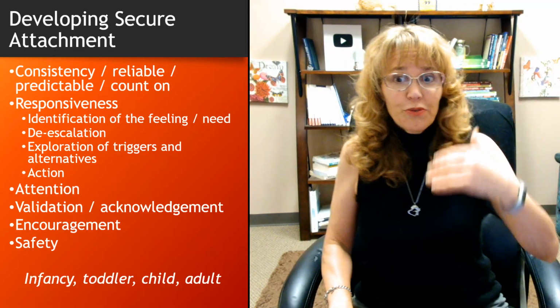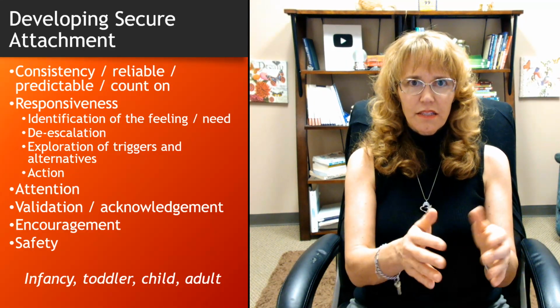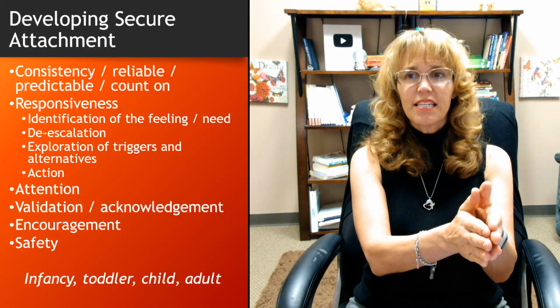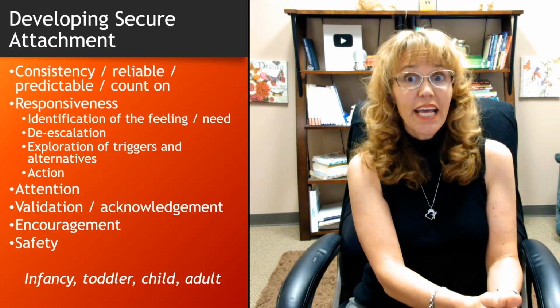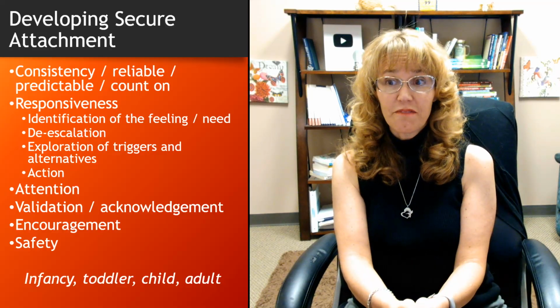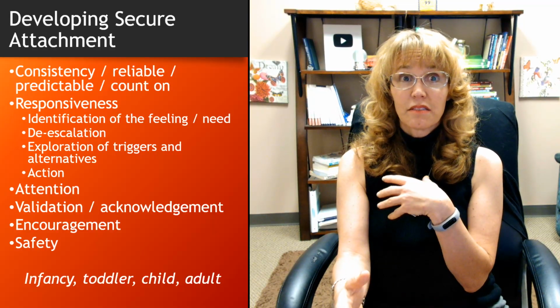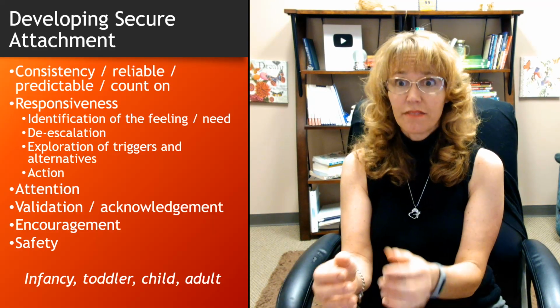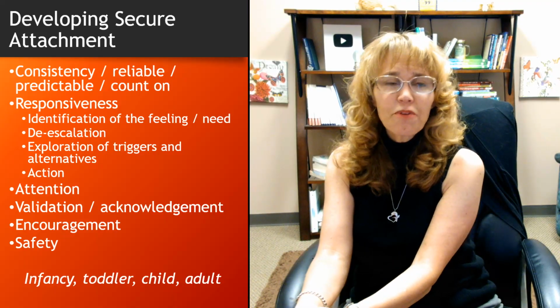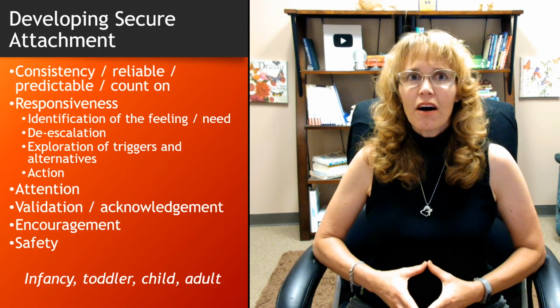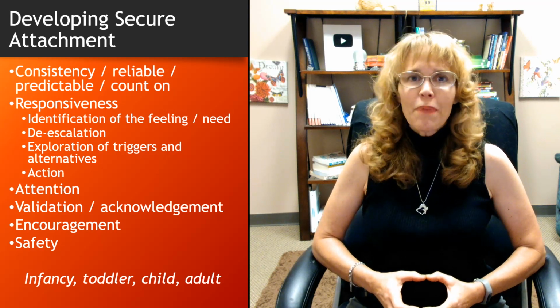So back to CRAVES. In a secure attachment, in a secure relationship, the person is consistent. You can count on them. They're responsive. They help you identify what's going on and regulate it, manage it. They provide attention, not just when things are bad, but they are wanting to spend time with you.